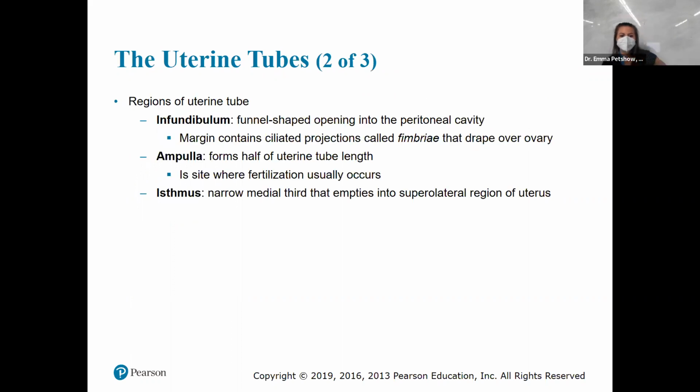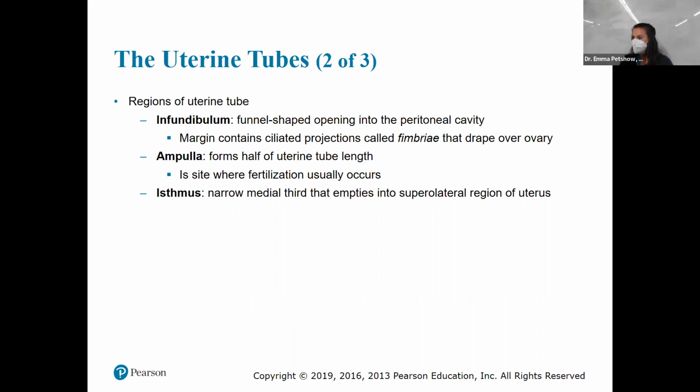And the regions of the uterine tube contain the infundibulum, the ampulla, and the isthmus. So the infundibulum is this kind of funnel-shaped opening to the peritoneal cavity. And it has these fimbriae, finger-like projections, and you can think about them as trying to grab the egg, pull it in, right? They don't actually grab it, but they're kind of trying to capture it. The ampulla is really the majority of it, about half the uterine tube length, and it's where fertilization occurs.